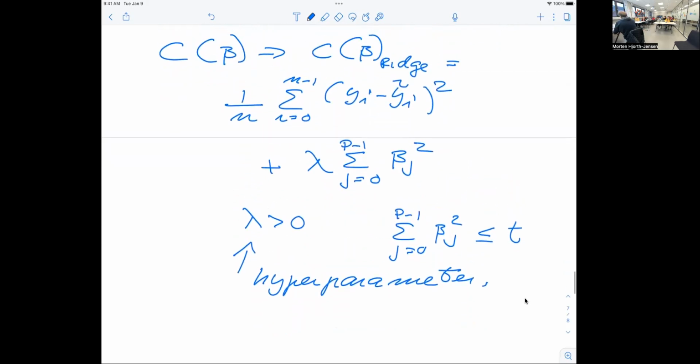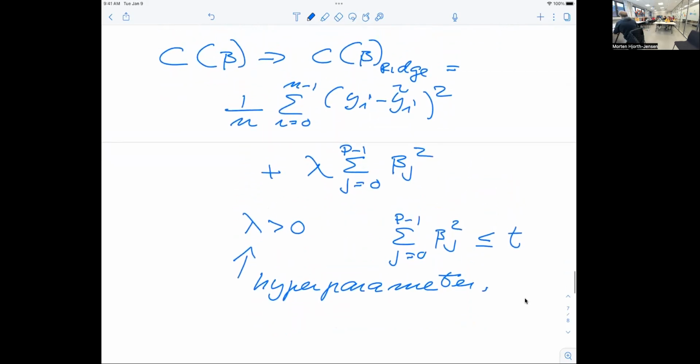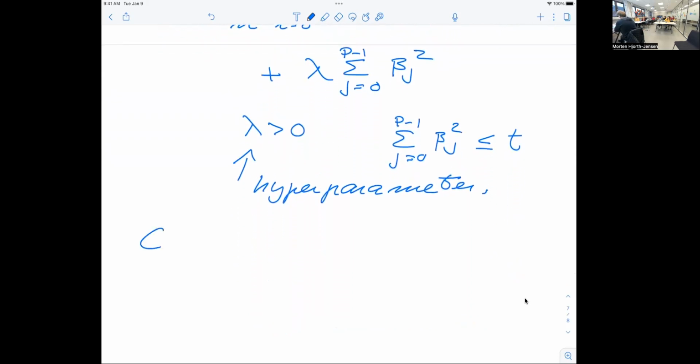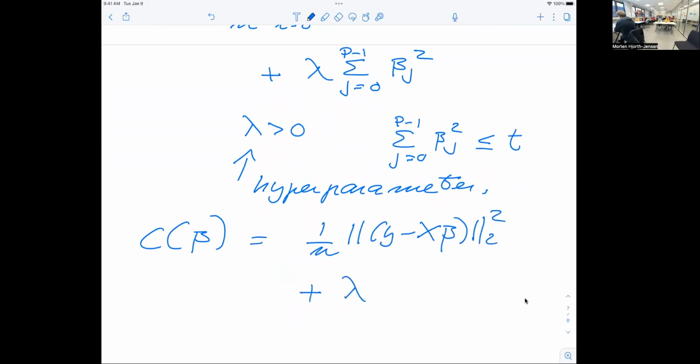So now let's take the derivatives with respect to what we had previously. We can rewrite this in a more compact way. What we have now is 1 over n, and then the norm 2 of y minus x times beta squared, plus lambda times the norm 2 of the vector beta squared. This is just a compact way of setting it up.